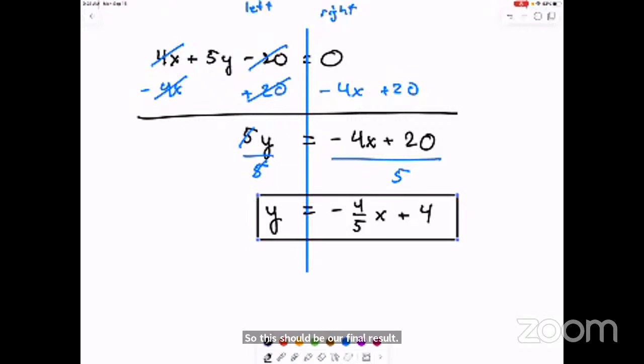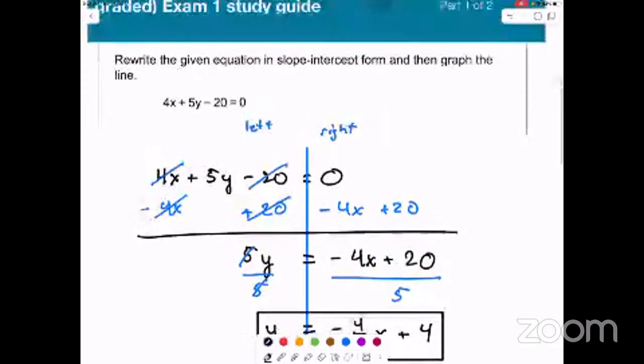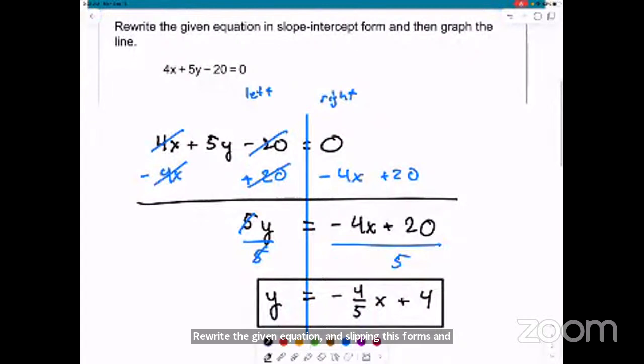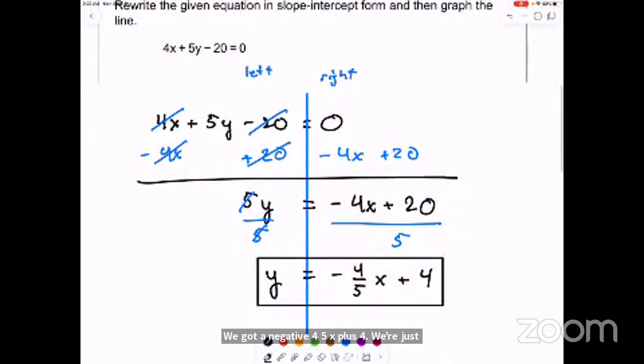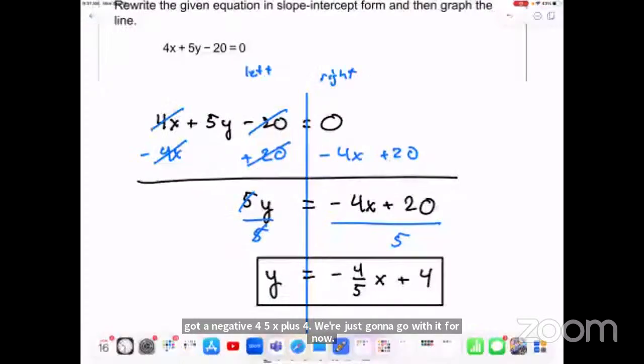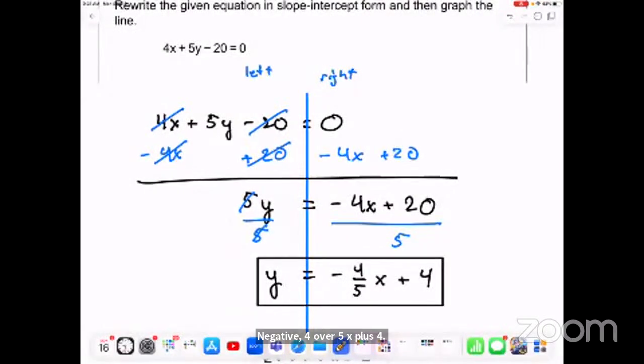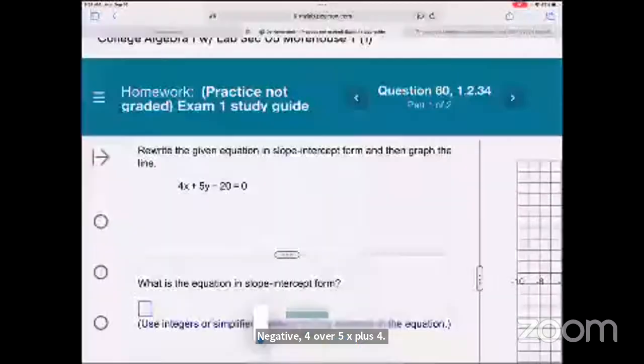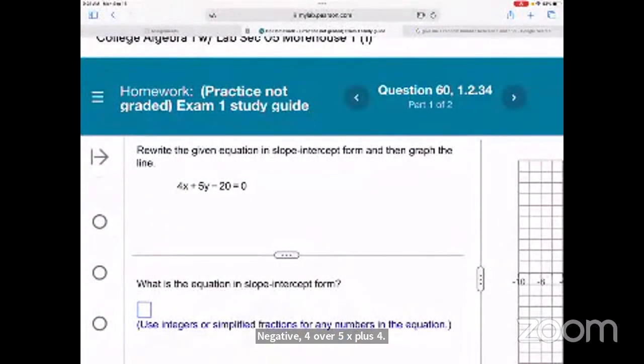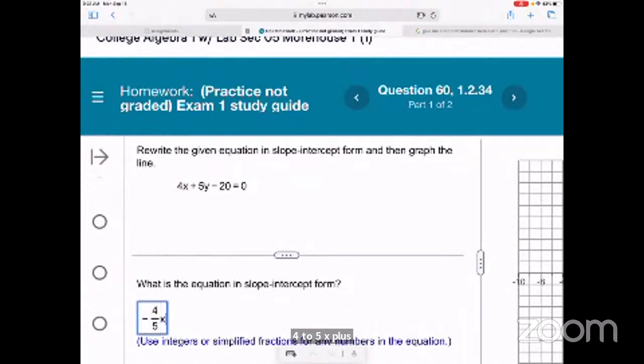Rewrite the given equation in slope-intercept form, then graph. We got negative 4 over 5 x plus 4. We're just going to go with it for now. It's an equation, right?